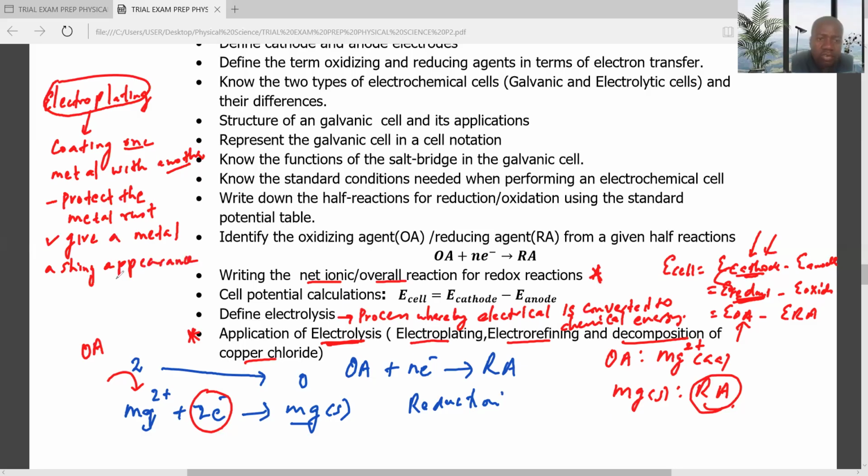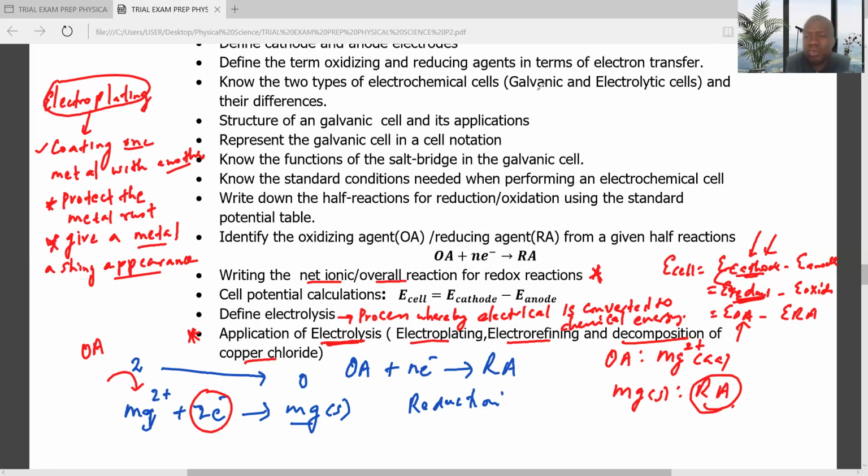So this could be the possible reason for electroplating. It's very important for you to be able to know this.